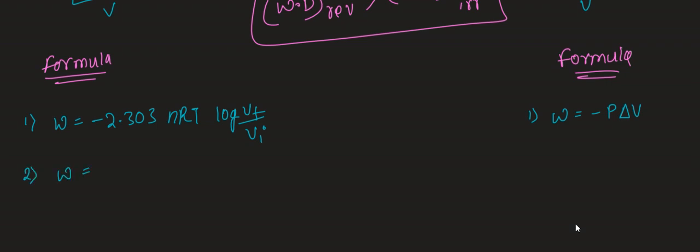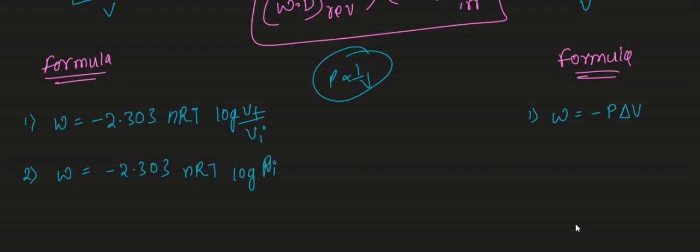Second formula: W = -2.303 nRT log of the inverse ratio, since pressure is inversely proportional to volume, so you write P initial divided by P final. Clear till here?